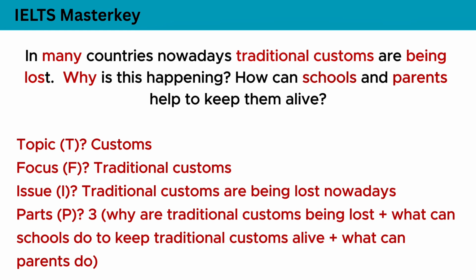Actions schools can take. And then how can parents help keep them alive? Actions that parents can take. So we have three parts in total. And trust me, if you miss even one of these parts, your score drops instantly. So stay with me because we're about to move on to the next step, and it's a total game changer.